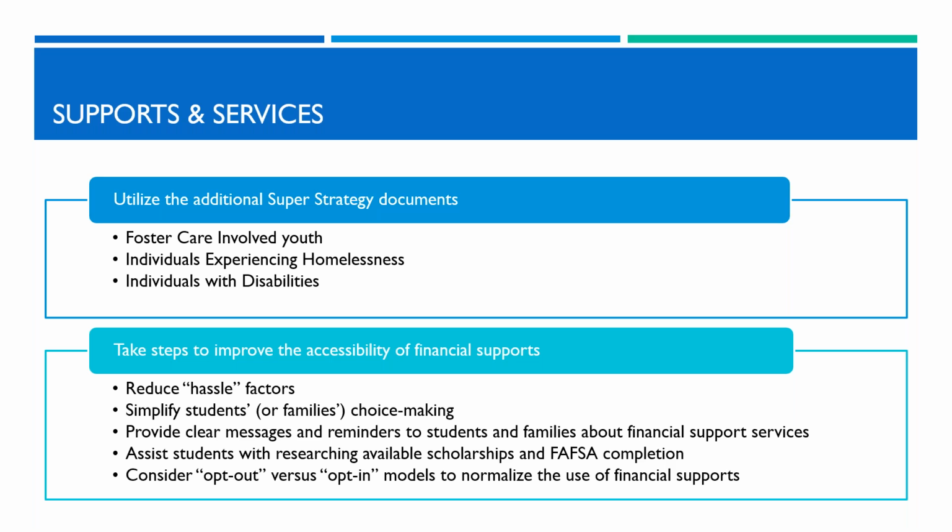And then providing clear messages and reminders to students and families about financial support services. So again, like I had mentioned, having that one point of contact, making sure that, we all know that in our little educational world and our bureaucracy world, we have our own lingo, we talk in acronyms, and we have the terminology that we use amongst ourselves, but they may not be familiar with that terminology.